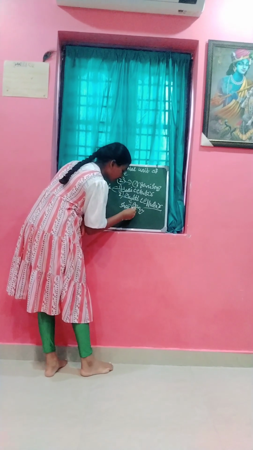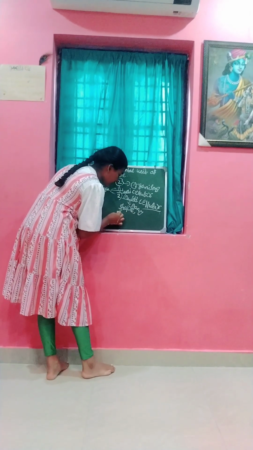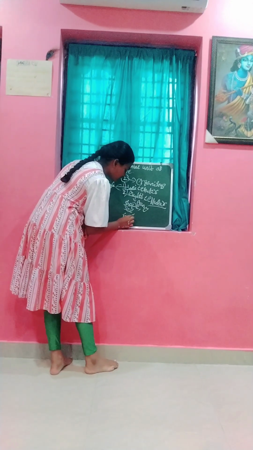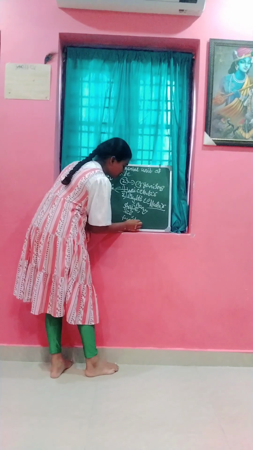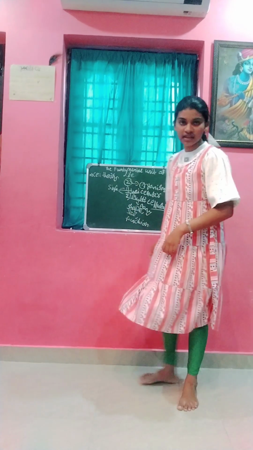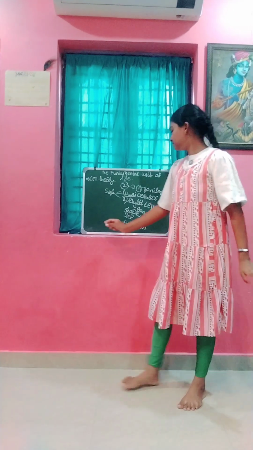Those have different shape, size, and function. Different shape, size and function. Okay. So for example, we will take the brain. The brain has so many crores of cells in it.